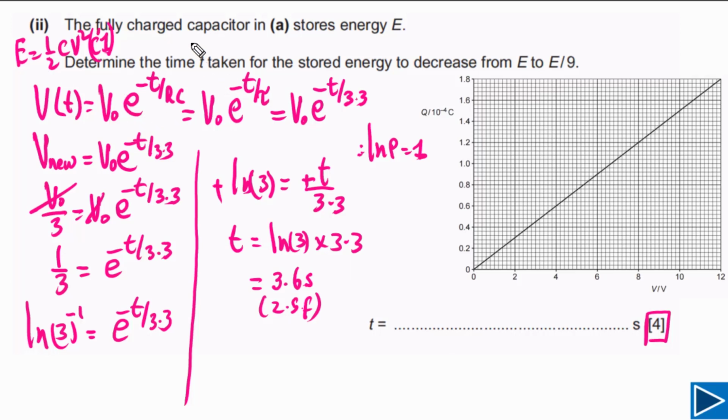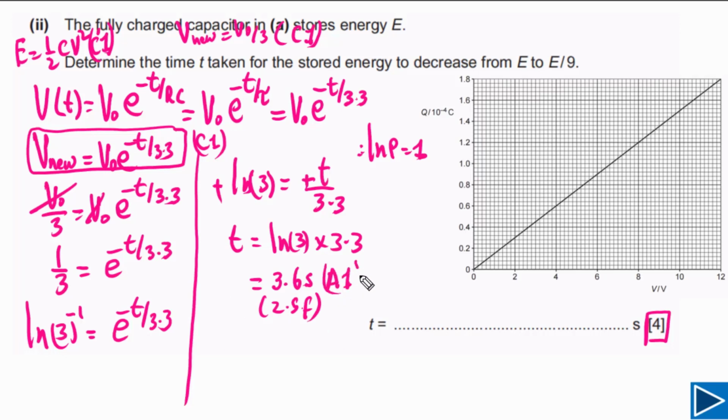The second mark you will get if you have got the relationship that V new is equal to V naught by 3. So this is another C mark. And the third C mark you will get if you have used this formula. And the fourth mark you will get if you have got the right answer. So this is how you will get these 4 marks.